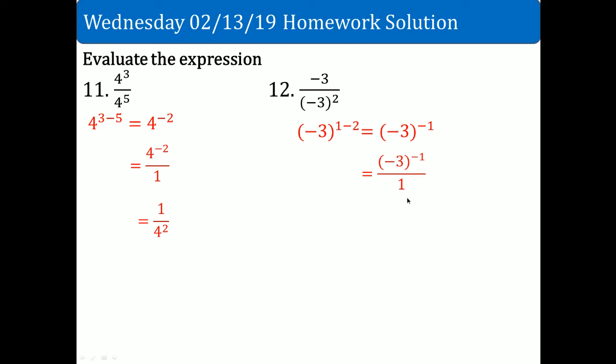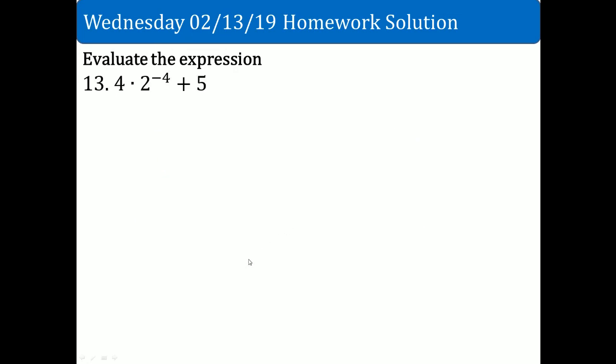It's on top, so you bring it down. It becomes 1 divided by negative 3 to the power 1. How do I get that? This was on top, comes down on the fraction. It goes from the numerator to the denominator. In the process, the exponent changes sign. So it becomes negative, becomes positive. Good? Alright, let's look at 13.